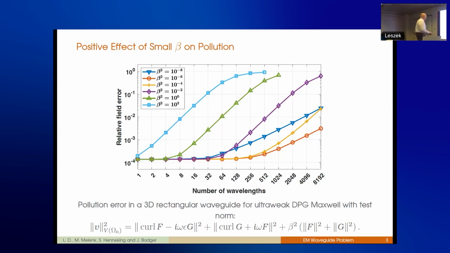But before I go there, this is the effect of varying beta. I know you're eager to see that. So with beta squared equal to 10 to the power minus 6, half of the digits roughly, this is your sweet spot. This is the best you get, for up to 256 wavelengths, and we're talking 3D Maxwell. You see no pollution. It's L2 projection, as promised, right?